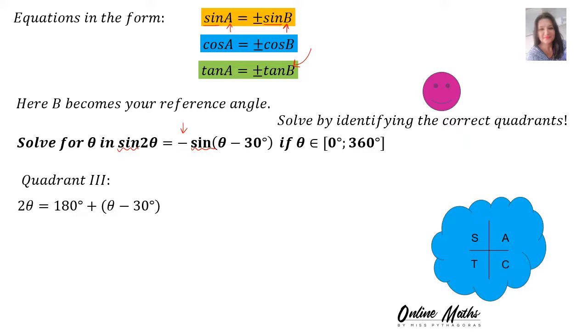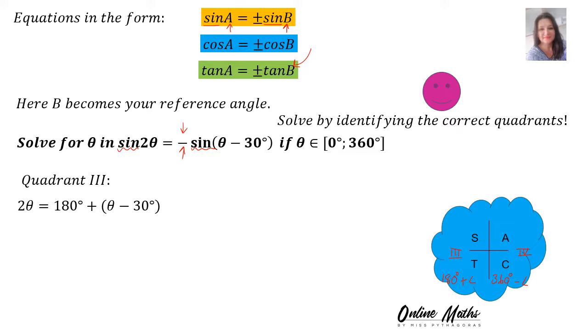Now I just want to make sure you understand why. It's because of this minus over there. Where is sin negative? Sin is negative in the third and the fourth quadrant. In the third quadrant, the rule is 180 plus reference angle, and in the fourth quadrant 360 minus reference angle.